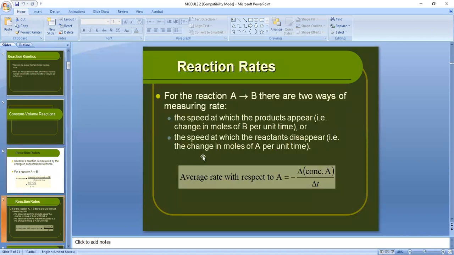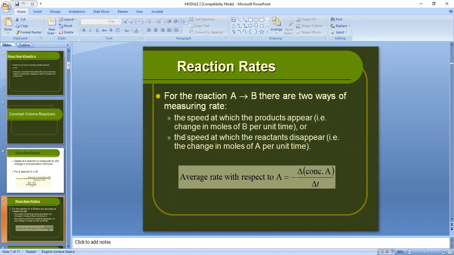Now, the speed at which the product appears, that is the change in the moles of B per unit time, can be the basis of the reaction rate. Or it could also be the speed at which the reactant disappears, that is the change in the moles of A per unit time. It's the same thing when we talk about instantaneous rate. When we speak of the speed of a reaction, whether average or instantaneous, it could be based on a particular species that is present in your reaction.